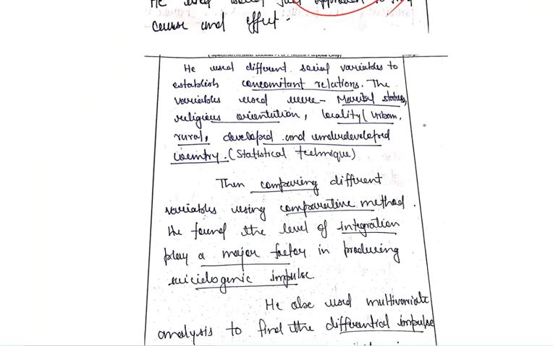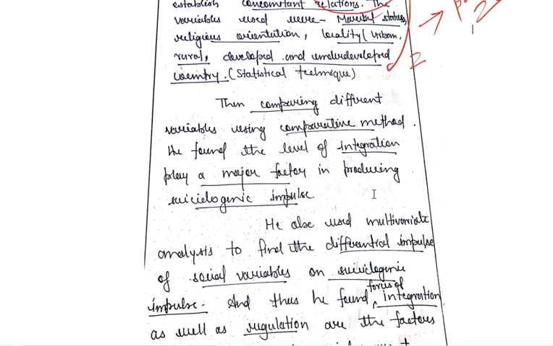So you have listed down all possible variables, very good approach. You can also write it either diagrammatically or in the form of bullet points. So the idea is to represent the same content in a more visually appealing manner. You have talked about the different comparative methods that he used.